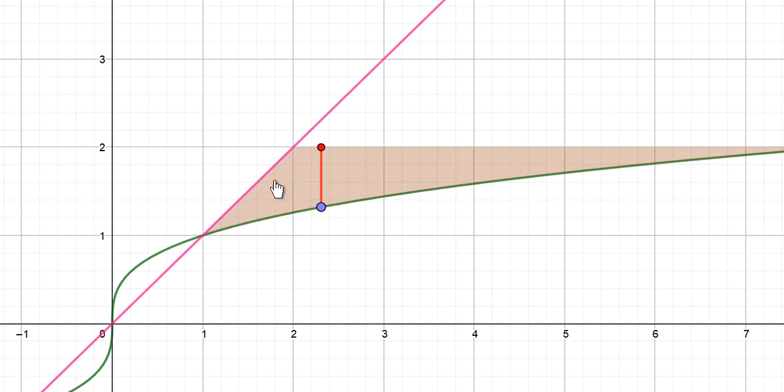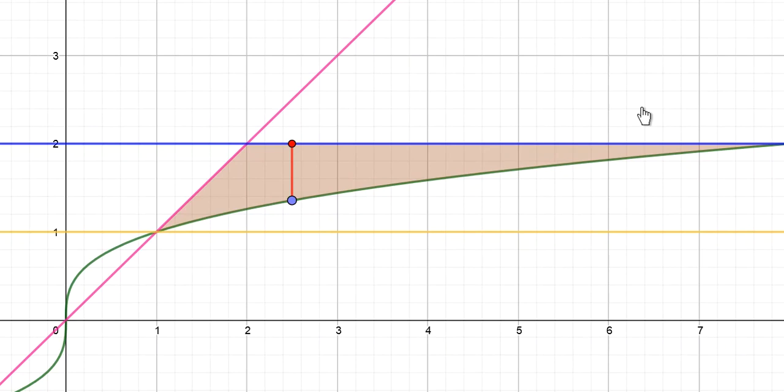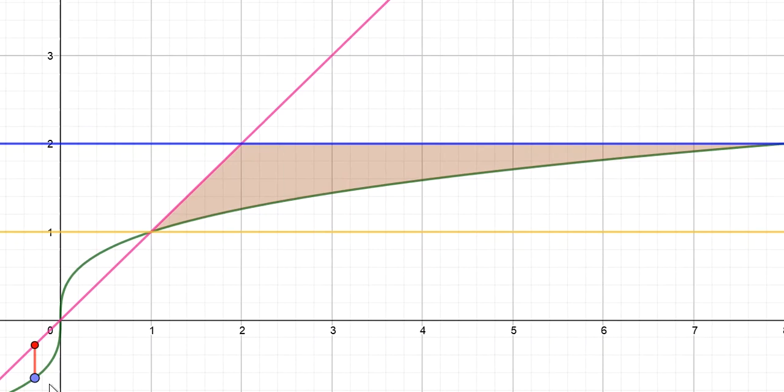Now, using these two curves, we're also bounded by these y values: y is equal to 1, y is equal to 2. Notice that this creates some region that we have bounded. And I have this little line segment here to denote what type of integral we want to evaluate.